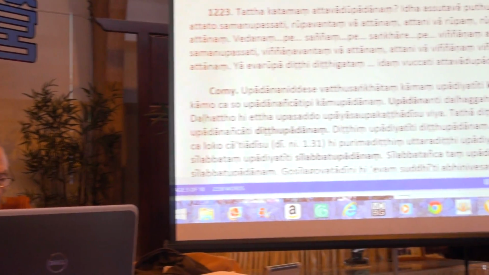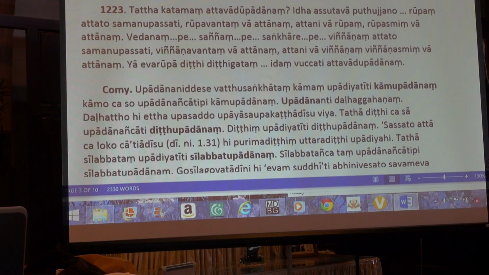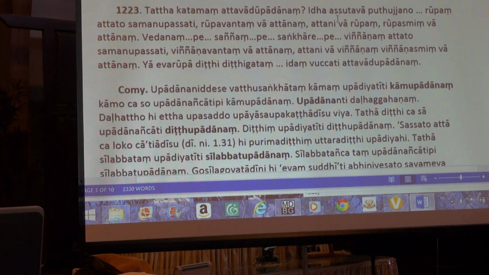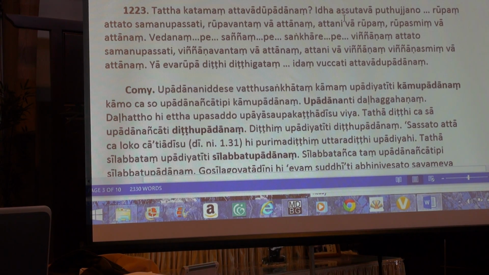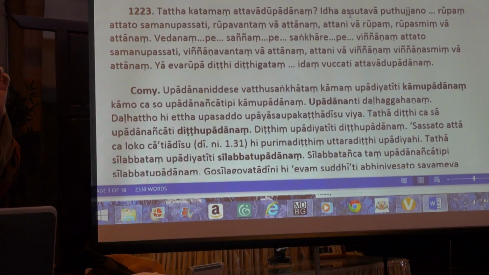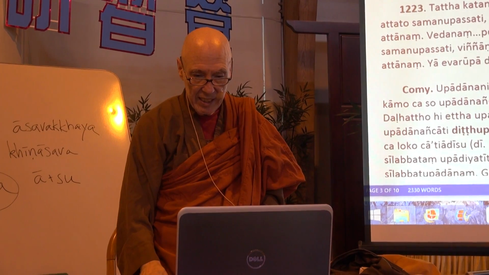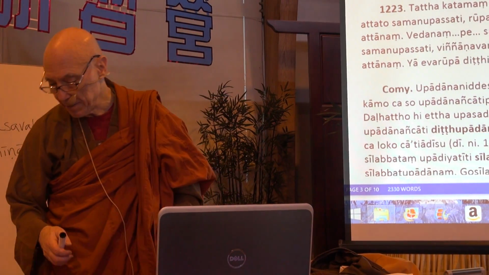Okay, then the fourth type of clinging is explained in the text. It uses the formula for what is called Sakkaya Ditthi, which means the view of a self existing in relation to the five aggregates. And so, as you know, we have the five aggregates.